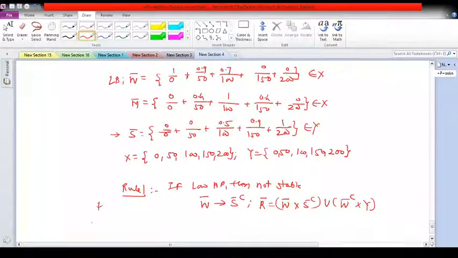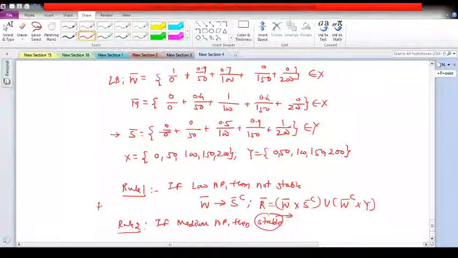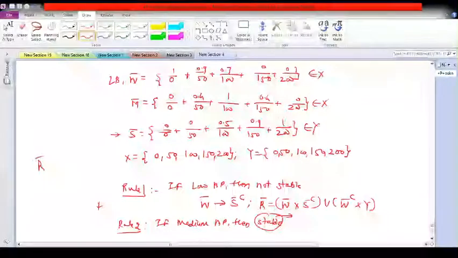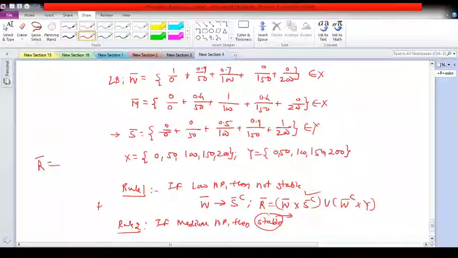Okay, and then rule 2, if there is a change in antecedent, so then if medium BP, then stable. So I would like to check it out. I would like to compute what is the stability if the condition is medium BP. Okay, so how to compute? First obtain the relation matrix R bar, and this will be obtained using this. Then compute the stabilized condition.